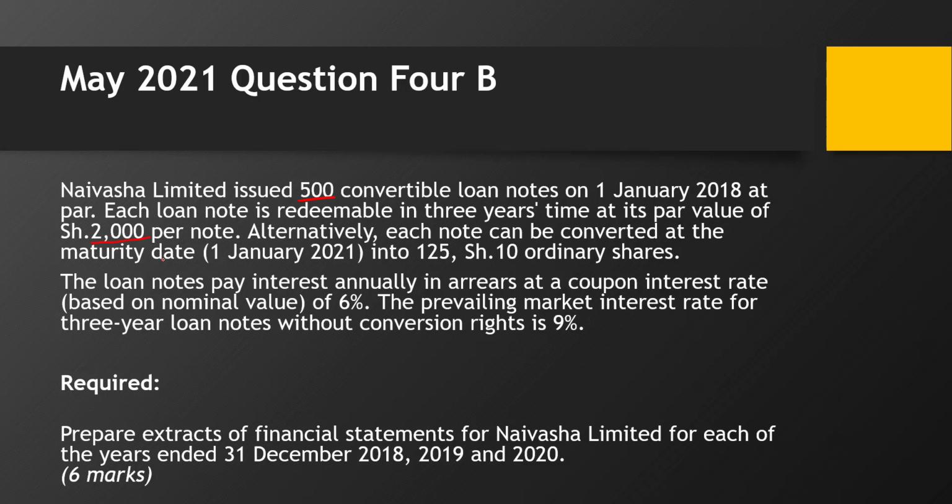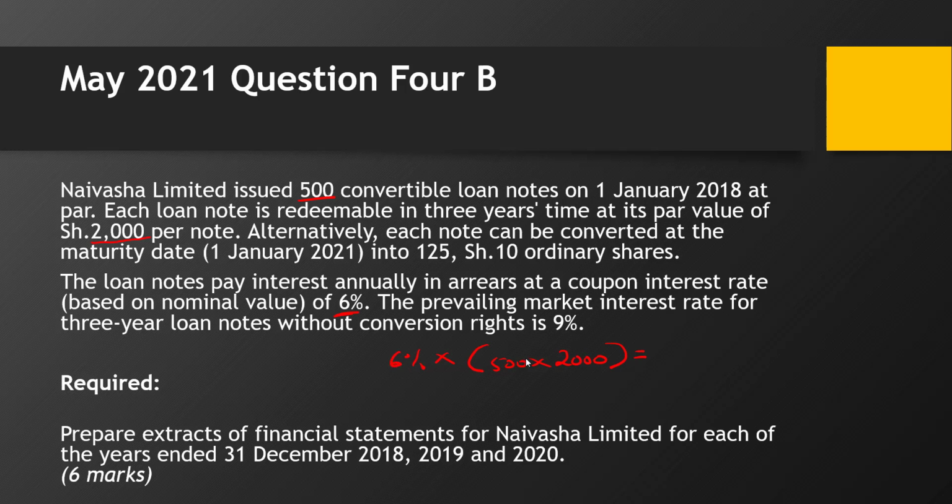Now the cash flows from this loan note are at 6%. So the cash flows in this case will be 6% multiplied by 500 times 2,000. 500 times 2,000 is 1 million.